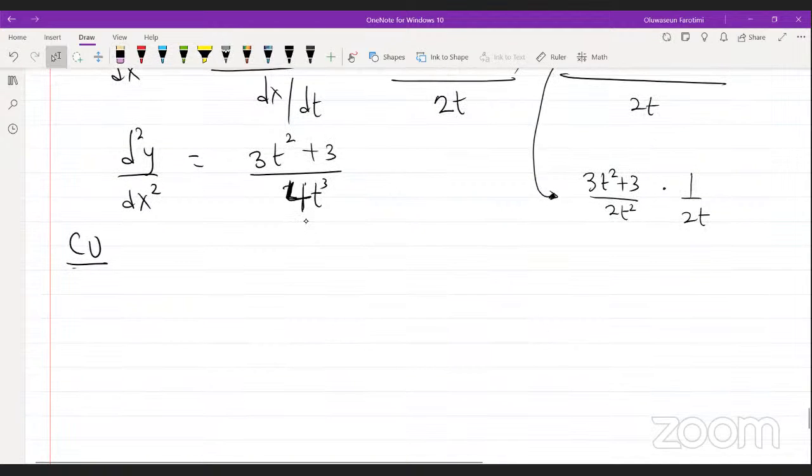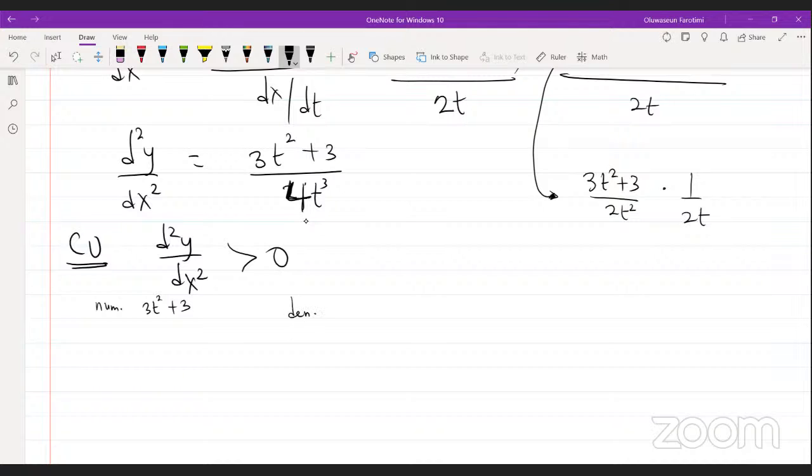What's the condition for concave up? For concave up, this has to be strictly positive. And what values of t will make that happen? The same way, you have to analyze the top and the bottom. The numerator is 3t squared plus 3, and I need this to be bigger than 0.